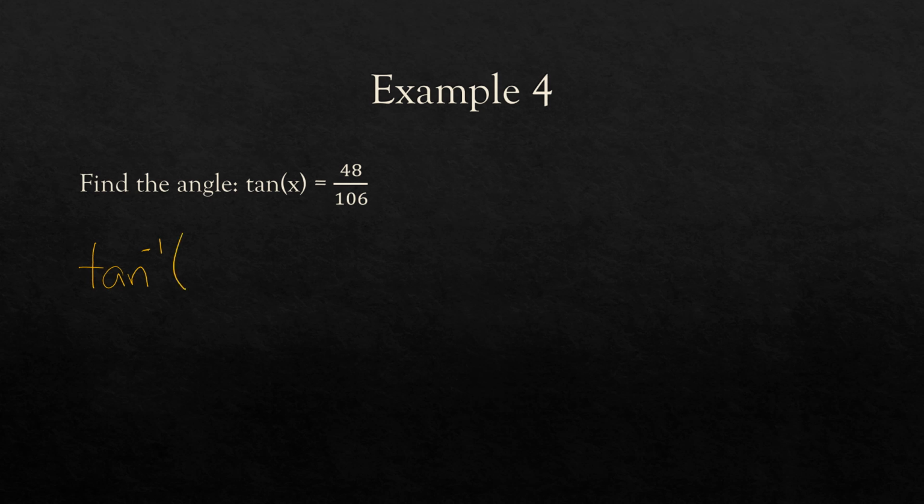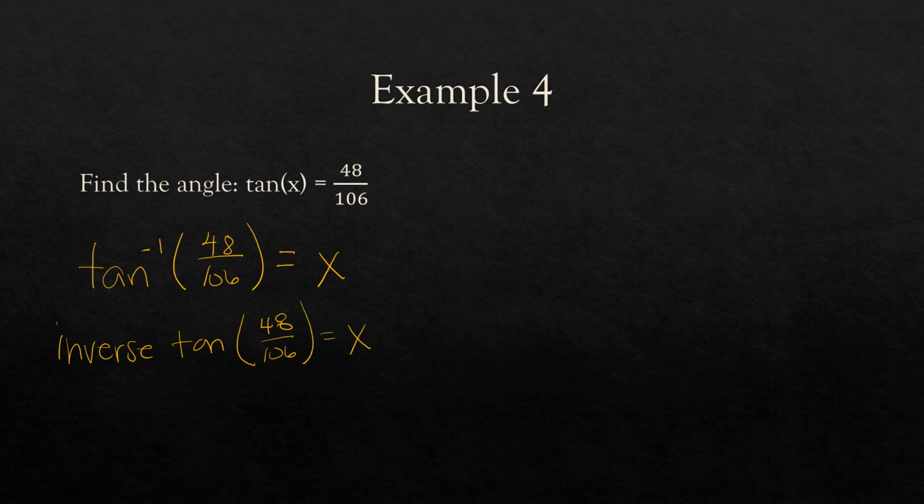And instead of putting the angle in here, you'll put the ratio. And this will give you x. And again, if your calculator's in DEG mode, it will give you x in degrees. It's called inverse tangent when we say it out loud. Inverse tangent of 48 over 106 will give me that x in degrees.